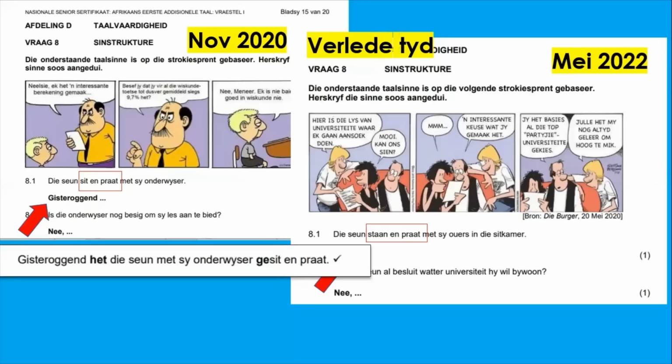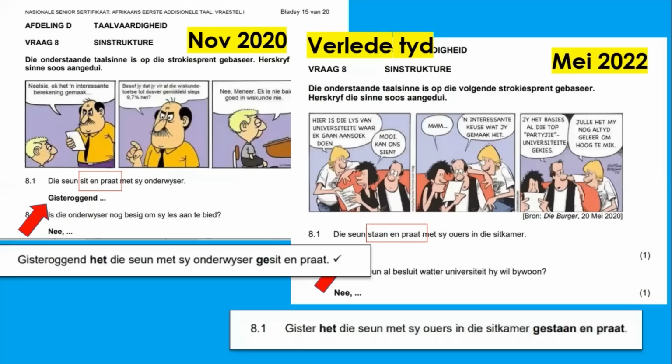You are going to move it to verb 2, and we're going to have a new past tense verb. Okay, so pause, see if you can do it. Let's look at the answer. Gister het, because it's past tense, die seun met sy ouers in die sitkamer gestaan en praat. They can be done at the same time, so only the first one gets a ge. Okay, let's look at those other 2 papers.